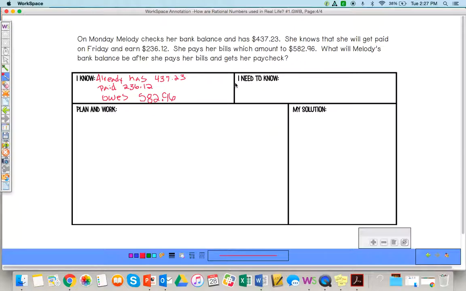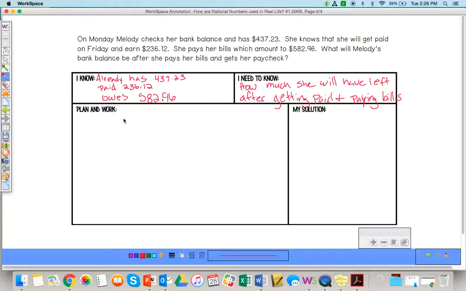Okay, so what we need to know is how much she will have left after getting paid and paying bills.